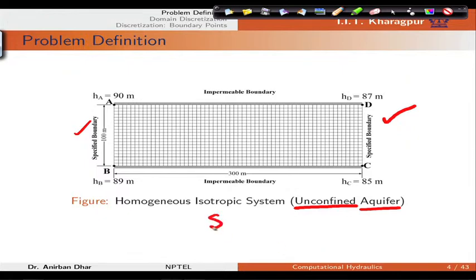In confined aquifer flow, we need to define storativity, but in unconfined aquifer we need to define specific yield. Obviously, transmissivity is required. We will define the hydraulic conductivity in terms of Kx, Ky; in an isotropic system Kx will be equal to Ky.